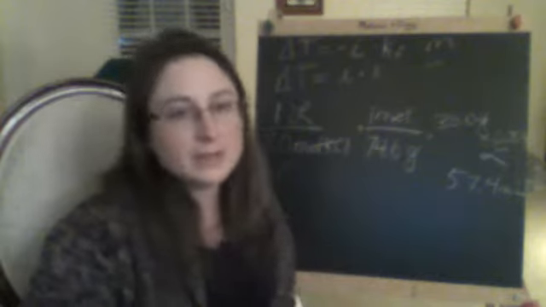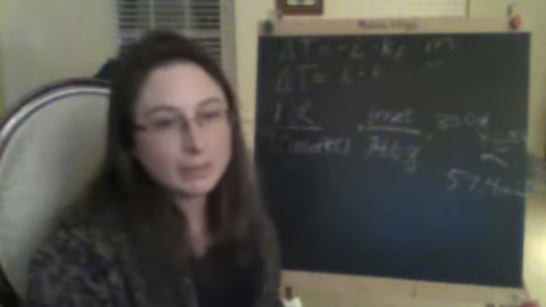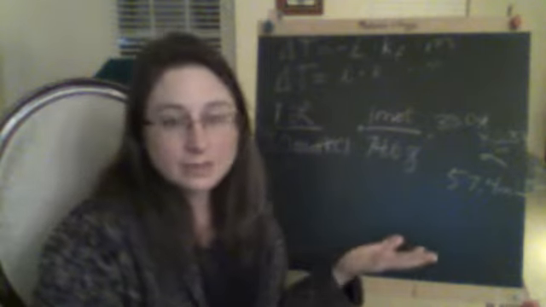You'd have to use a graduated cylinder instead of a volumetric flask in this case because they don't make a 57.4 milliliter volumetric flask. But if I want to use my whole 30 grams of KCl, then I would use a graduated cylinder, put in the 30 grams, and then dilute it to 57.4 milliliters of total solution.